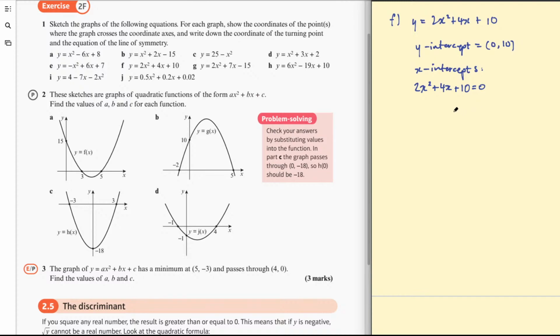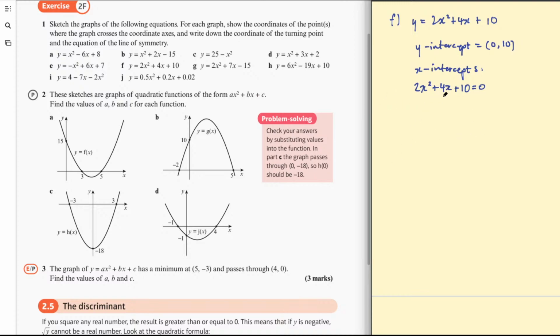And I don't believe we can factorize this one. So factors of 10 are 10 and 1, and factors of 2 are 2 and 1. I cannot make 4 with those. Same with 5 and 2. I cannot make 4 with those either.